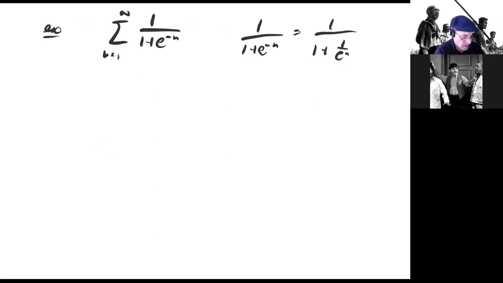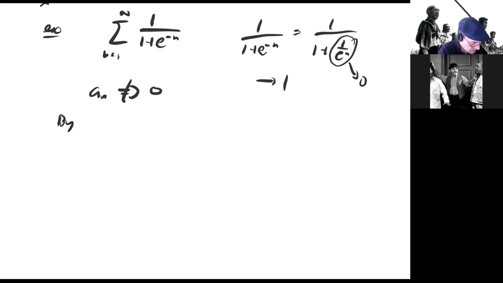As n goes to infinity, the term 1 over e to the n goes to 0. So this tends to 1. So a sub n does not tend to 0. So by the divergence test, the series diverges.